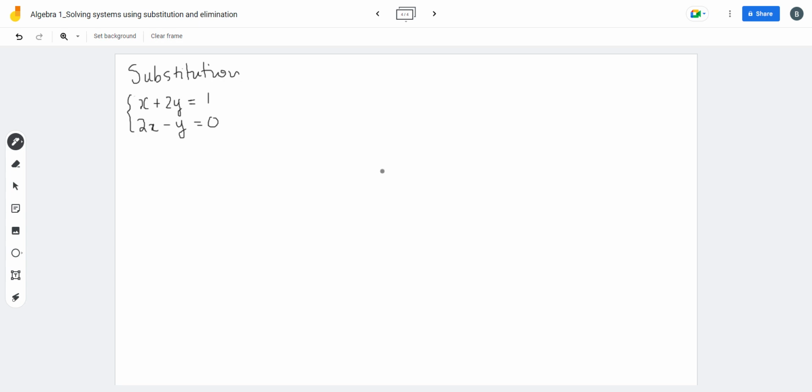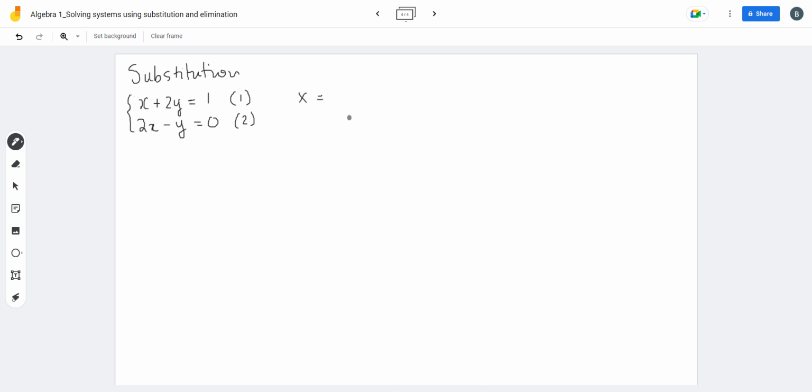Okay, so substitution, basically you're going to substitute one variable in terms of the other variable. Usually I would choose a variable that can be easily rewritten in terms of the other variable. For example, in this case, equation 1 would make it easier to rewrite x in terms of y.